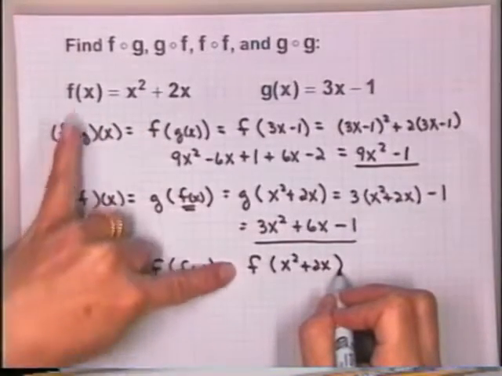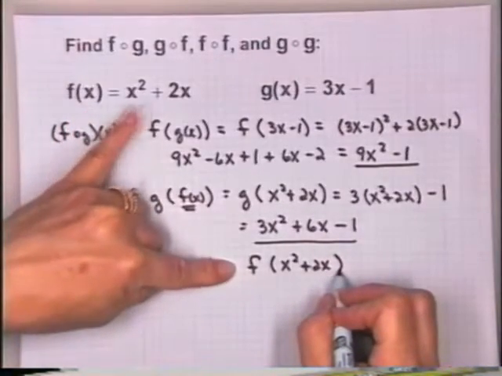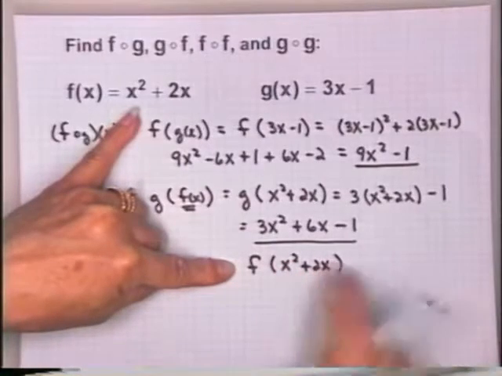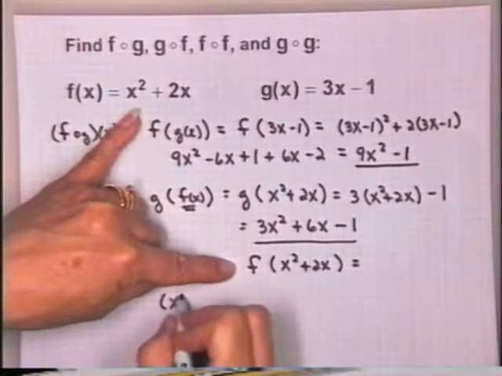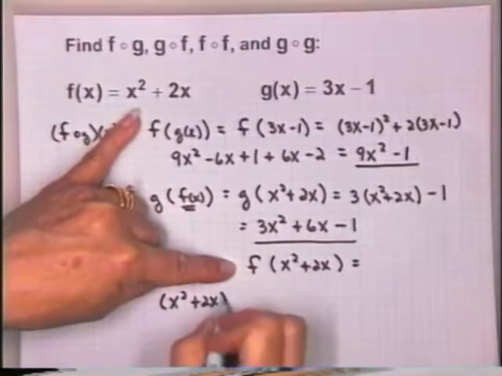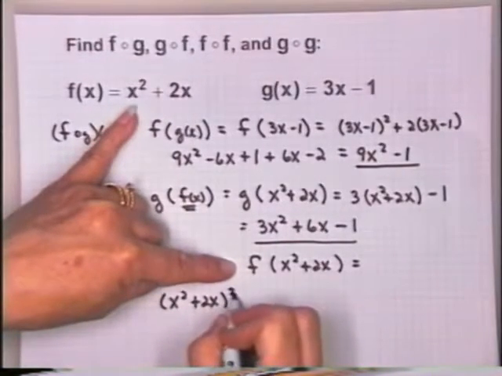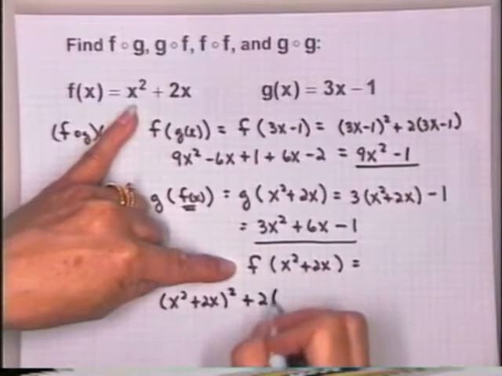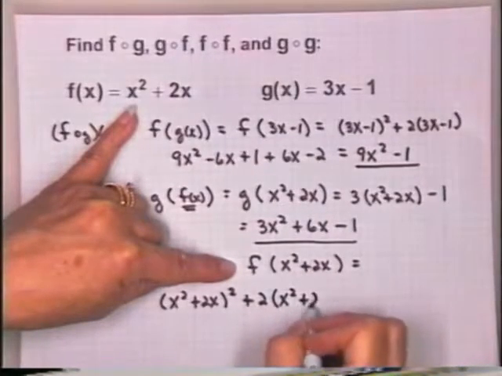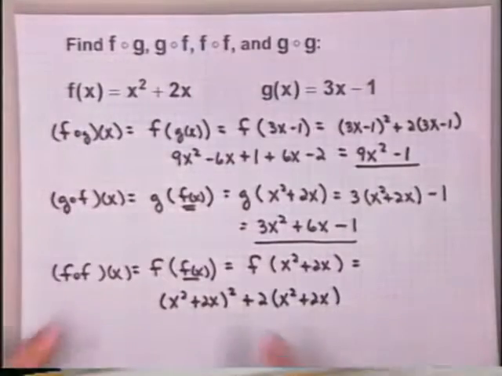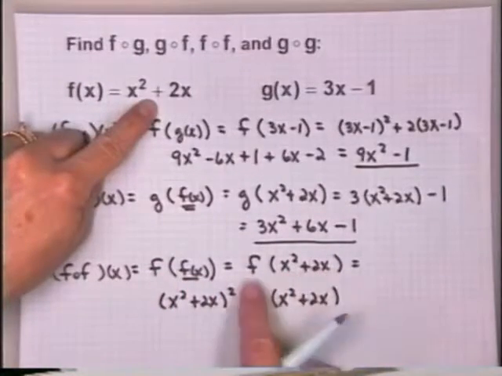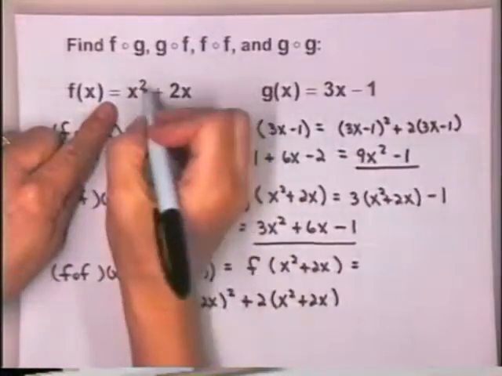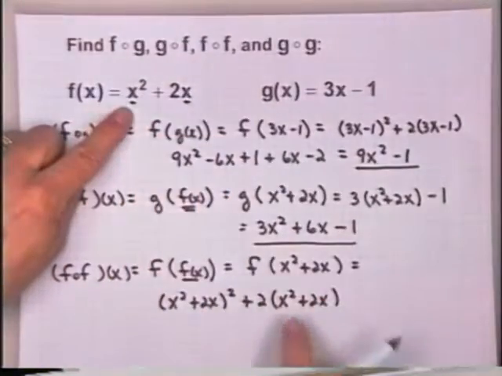Now this says look at function f again, right here, and replace our x's with x squared plus 2x. So that means I'm going to have (x squared plus 2x) squared, and then plus 2 times (x squared plus 2x) again. Now look at that again. f of x is x squared plus 2x. Now this says find f and replace these x's in f.